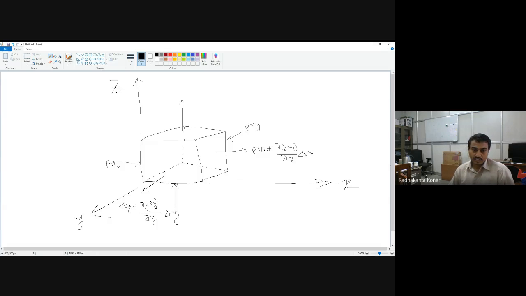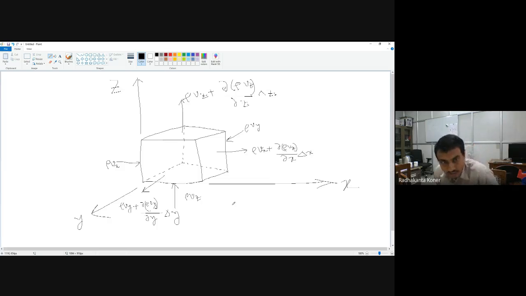Similarly, for the z, the out would be Vz plus del Vz by del z, delta z. So this is understood.